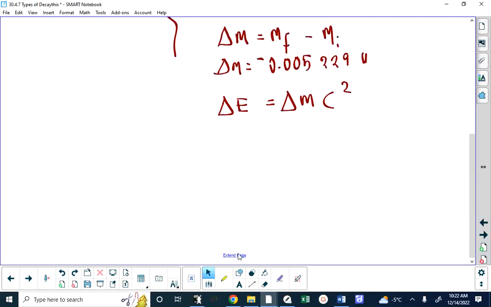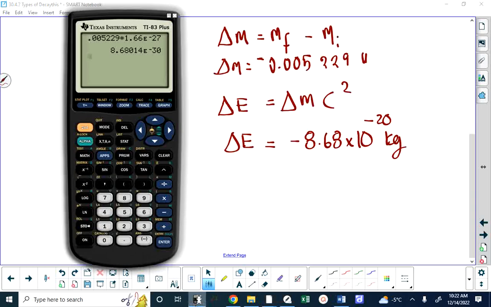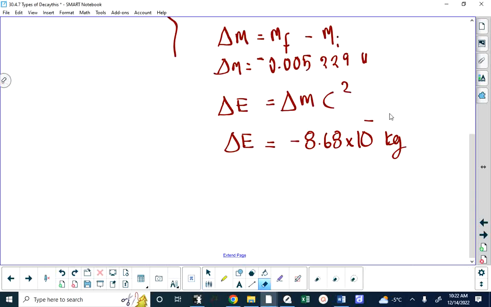So my change in energy will be the negative 8.68 times 10 to the negative 30 multiplied by the speed of light squared. We all know what the speed of light is. I don't think I need to write it down. And we'll get an energy.